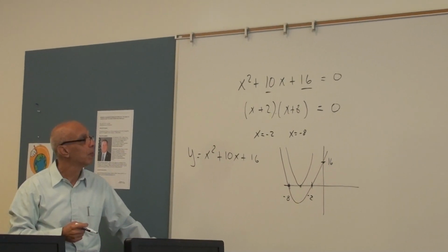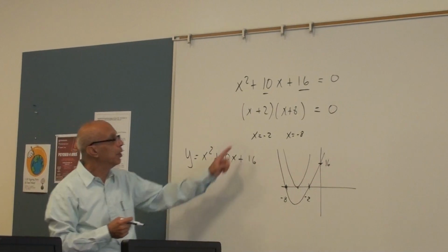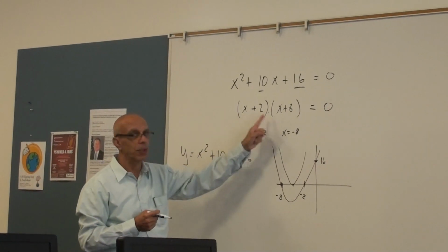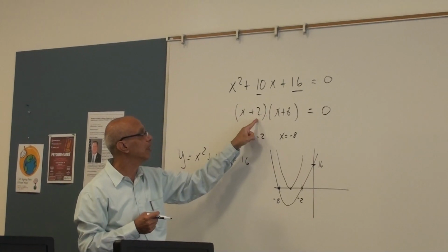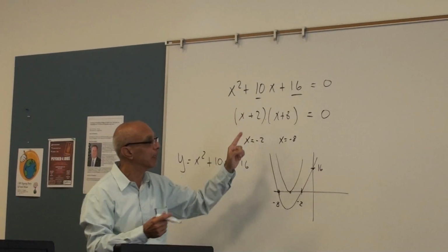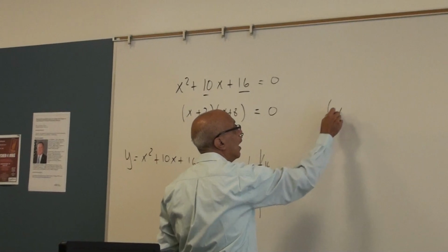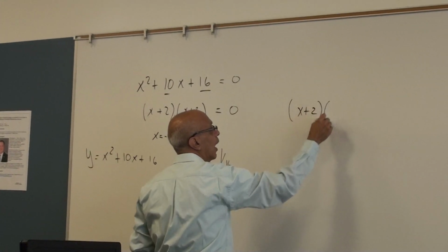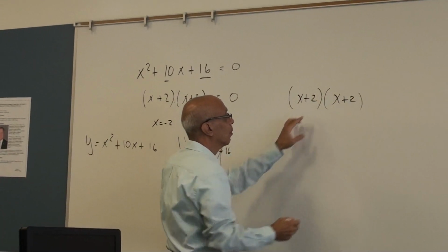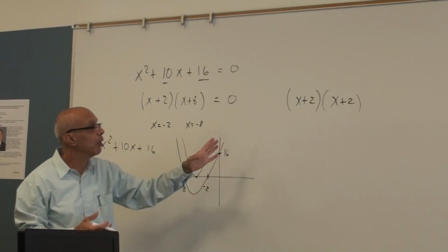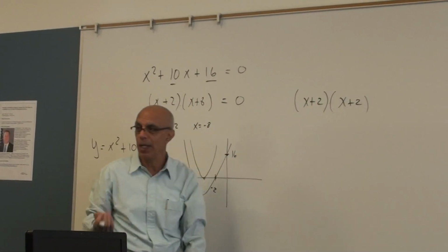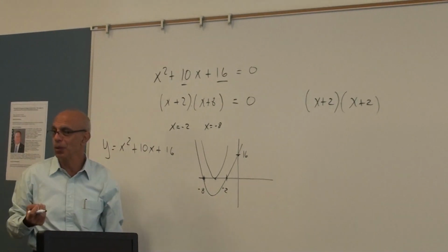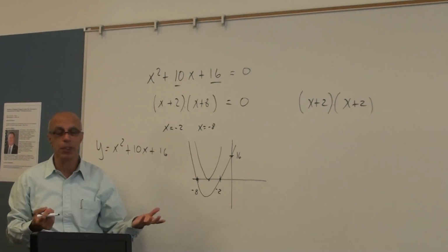Here you see there are 2 solutions, right? If I have only one solution, an example would be x plus 2 times x plus 2. So if I have a polynomial that looks like this, x is only going to be equal to negative 2, so there will be only one solution.